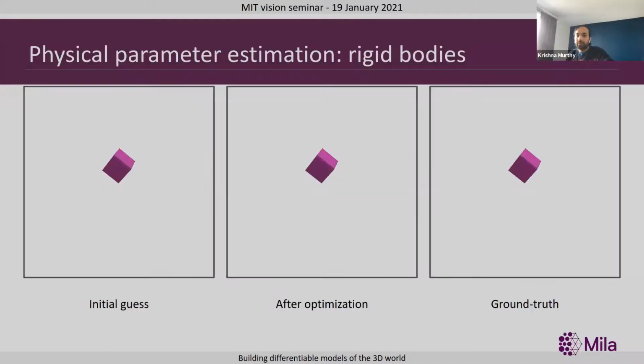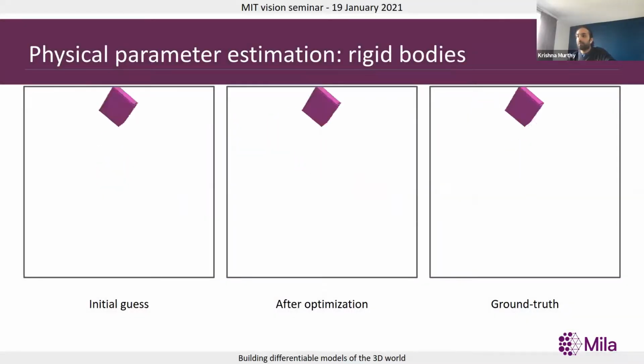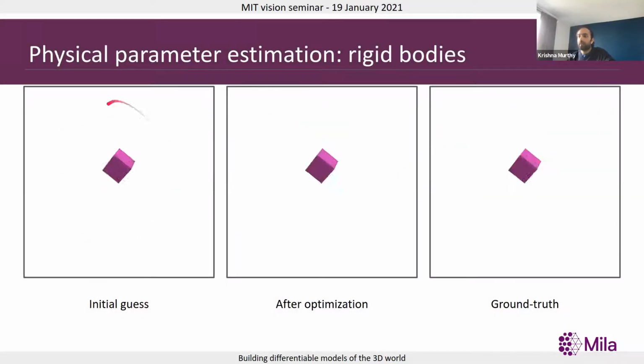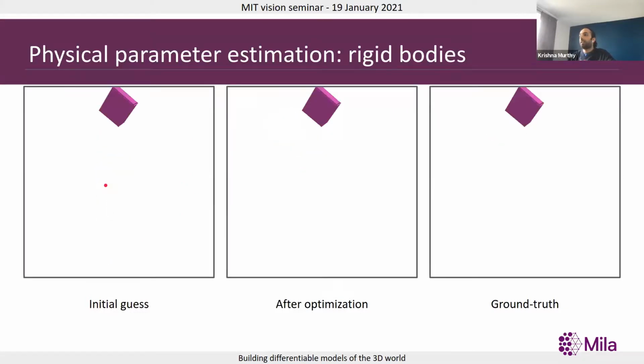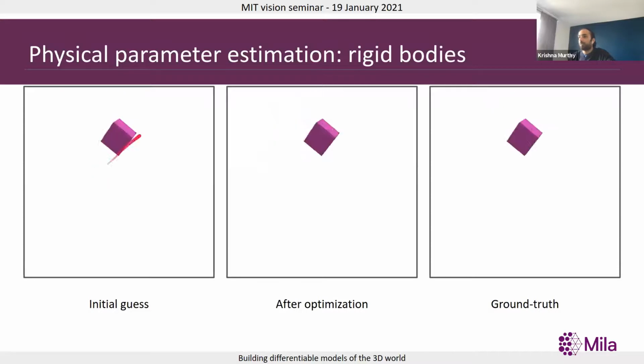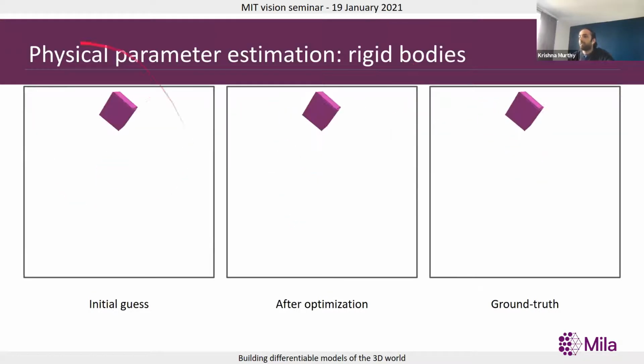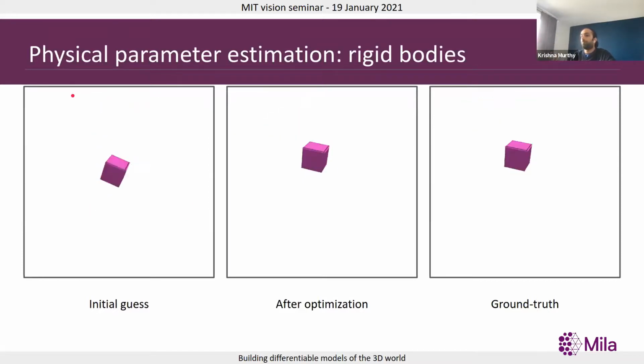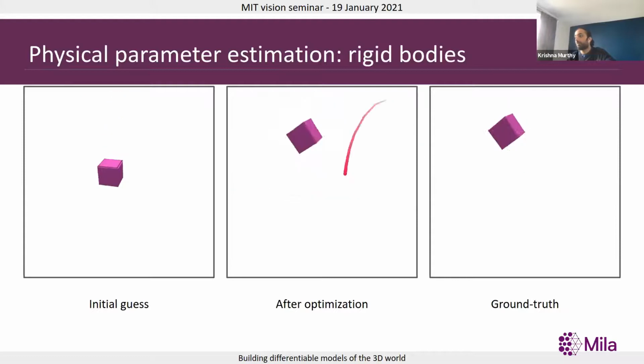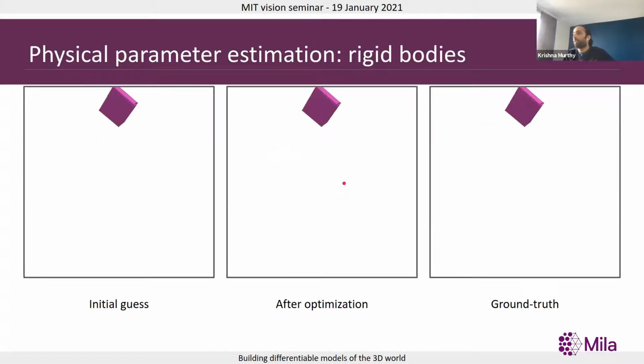Here are a few results on rigid body parameter estimation. This is a cube falling under the influence of gravity and an external force applied to it. Before optimization, the mass of the cube is deemed much heavier than it is, and after optimization, you get an accurate estimate.